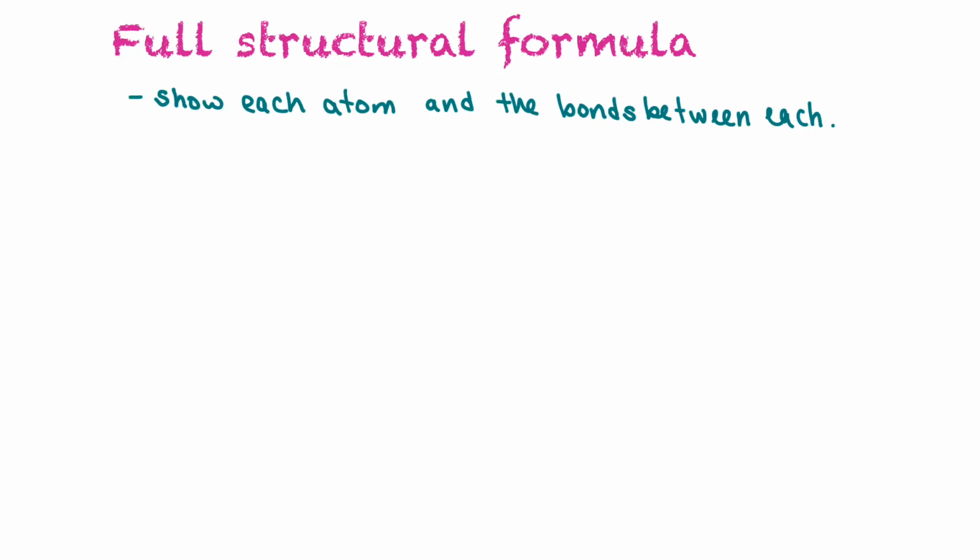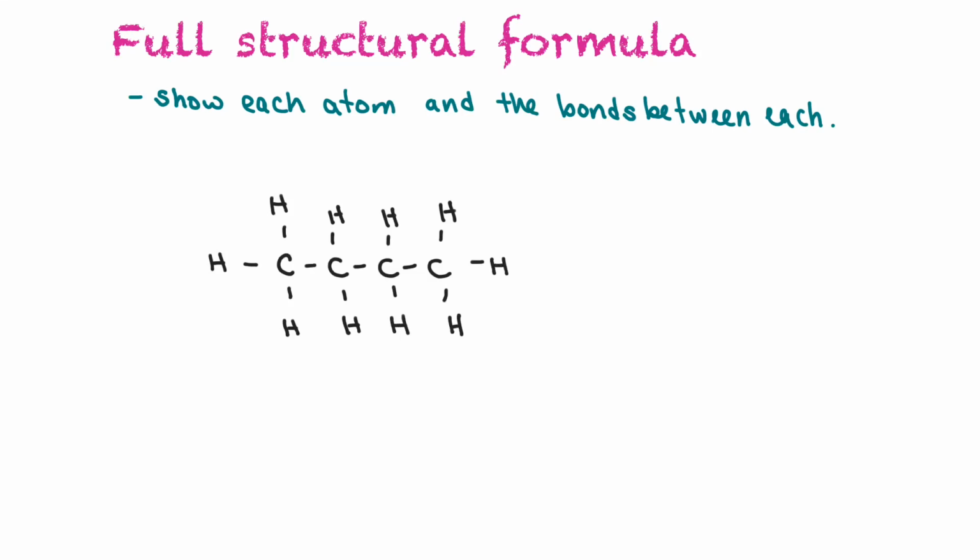If we were to draw the molecule butane, it would look like this. There would be the carbon backbone showing the 4 carbons in a line, and then all the hydrogens bonded off the carbons, like so. I forgot a bond there. That would be the full structural formula.